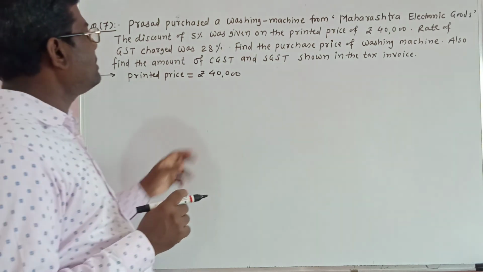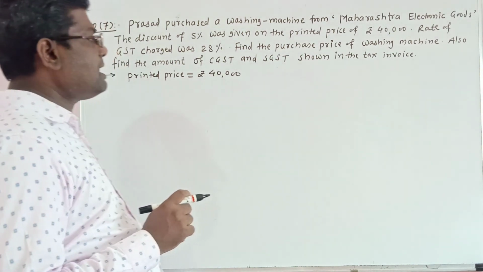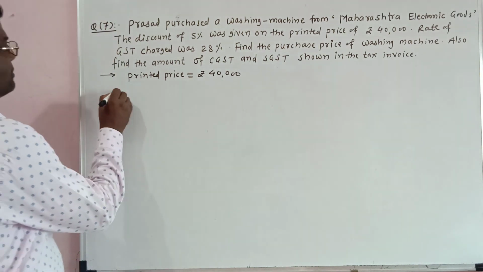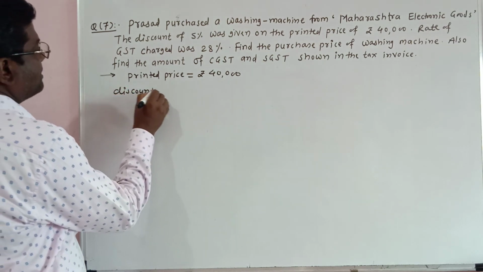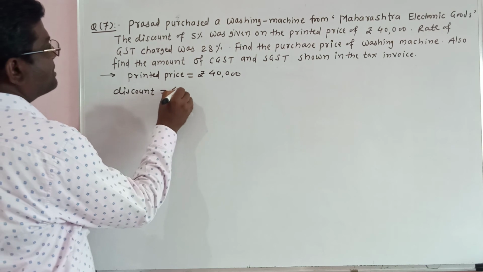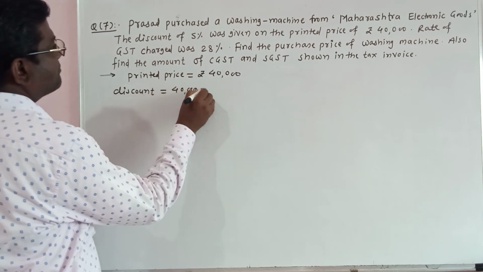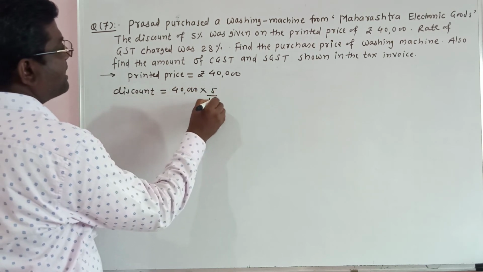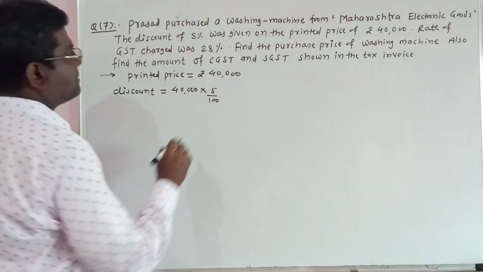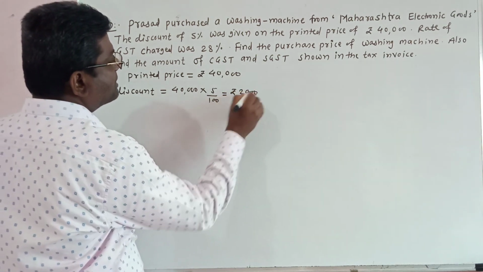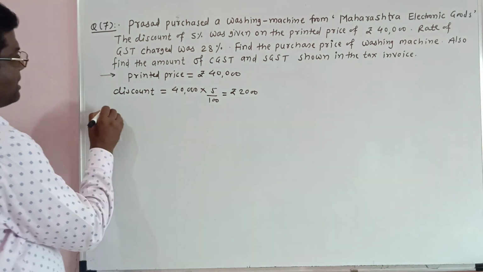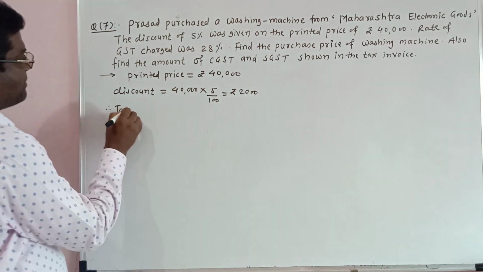Printed price is equal to rupees 40,000. Now we have to find the discount. Discount is equal to 40,000 into 5 upon 100, so that will be rupees 2,000. Now let's find the taxable value.